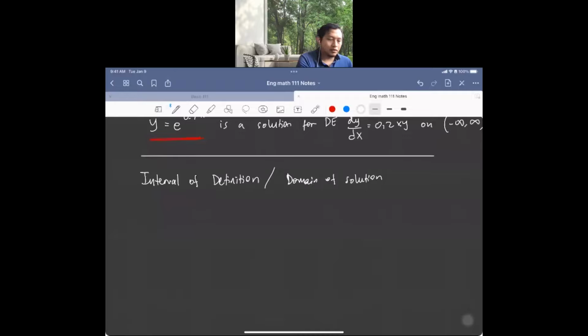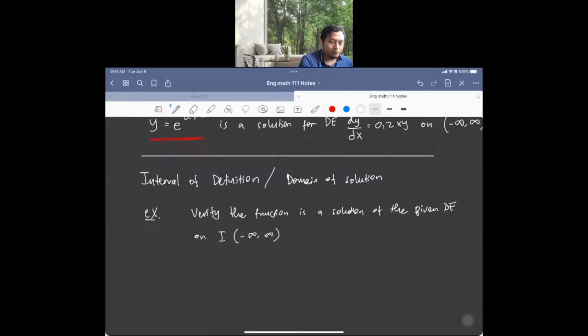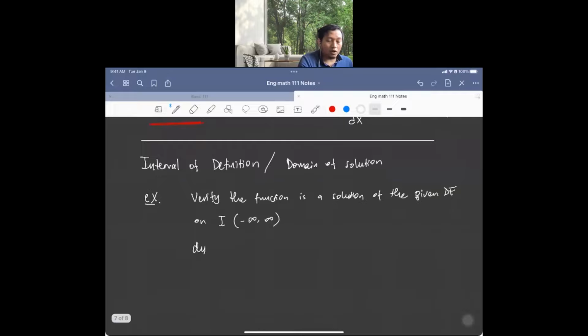Okay, to give you a little bit more sense, let me give you an example. Verify the function is a solution of the given DE on the interval, yes, for all real numbers, right?